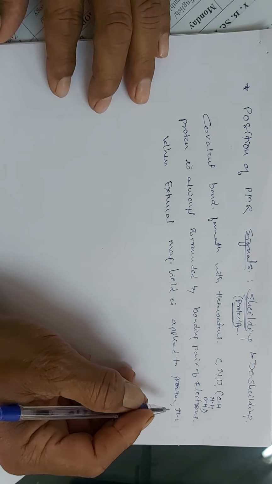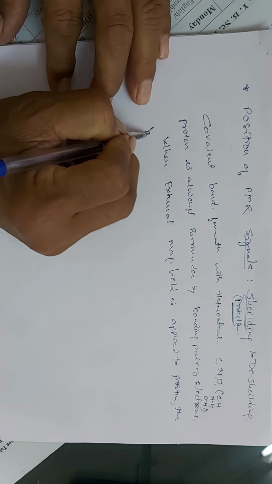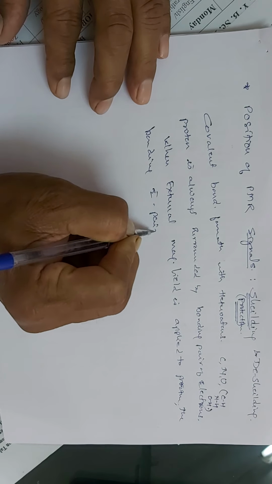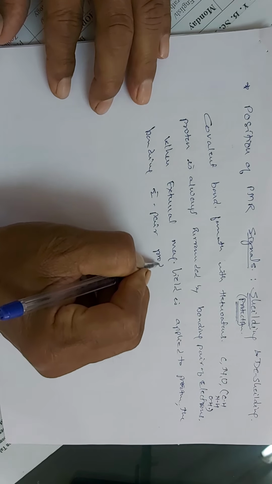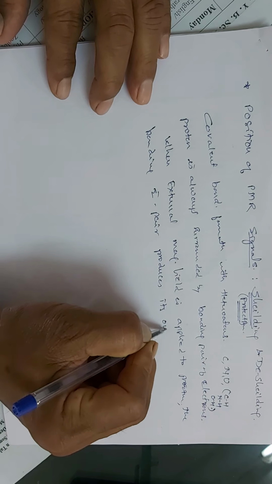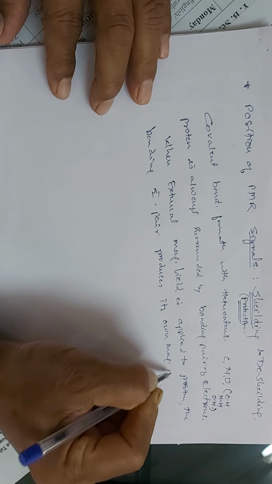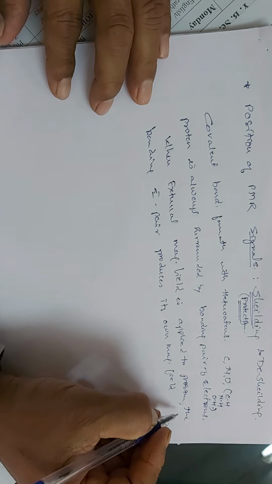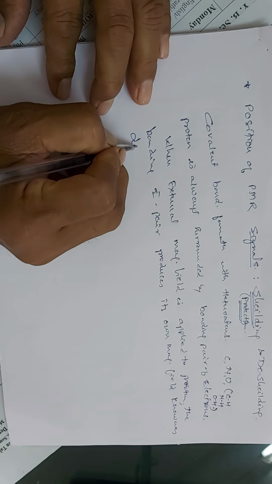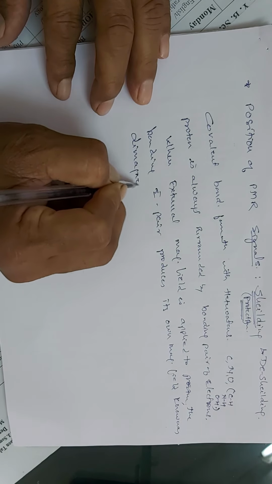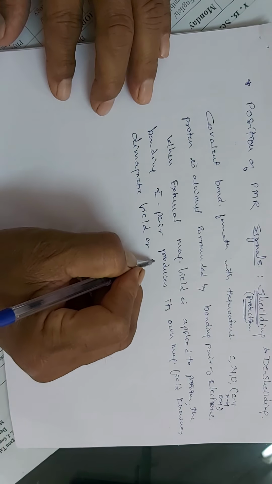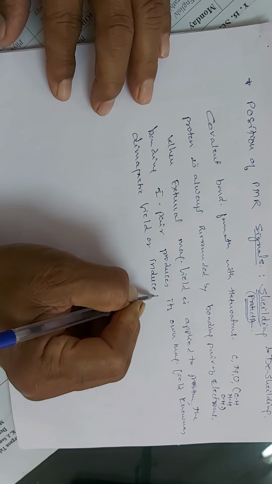When the external magnetic field is applied, the proton creates a magnetic field, but the bonding electron pair also produces its own magnetic field, known as the diamagnetic field or induced magnetic field.